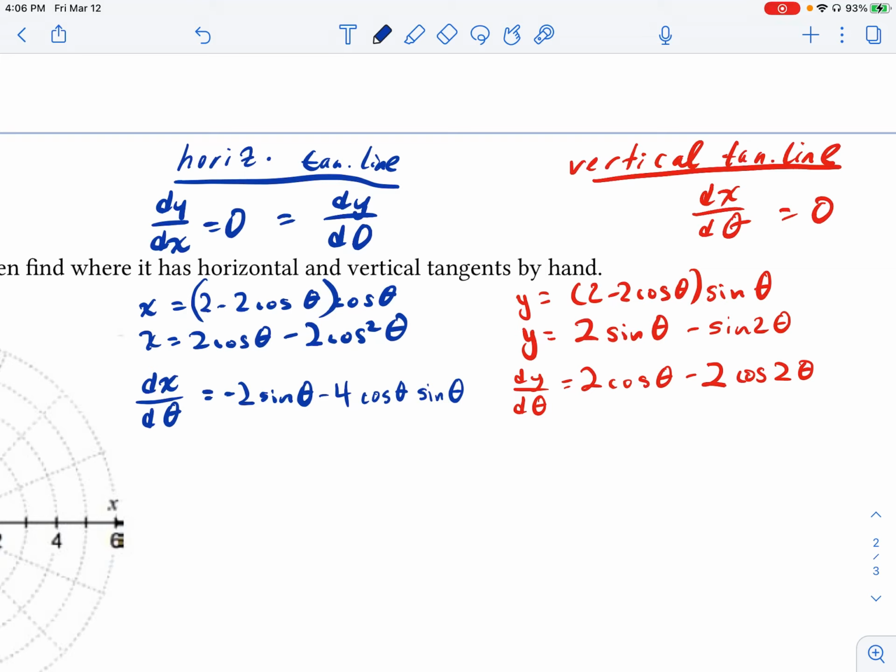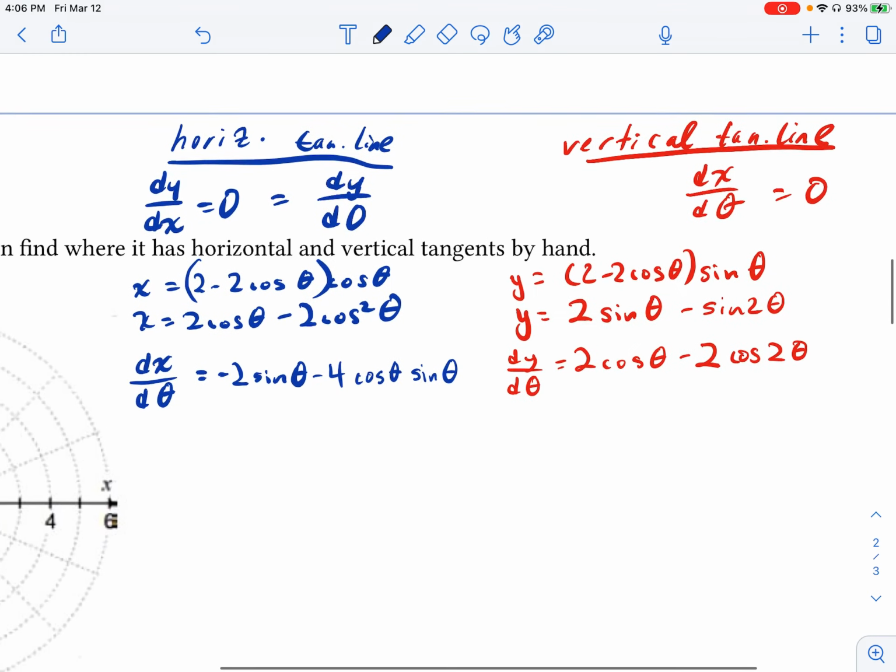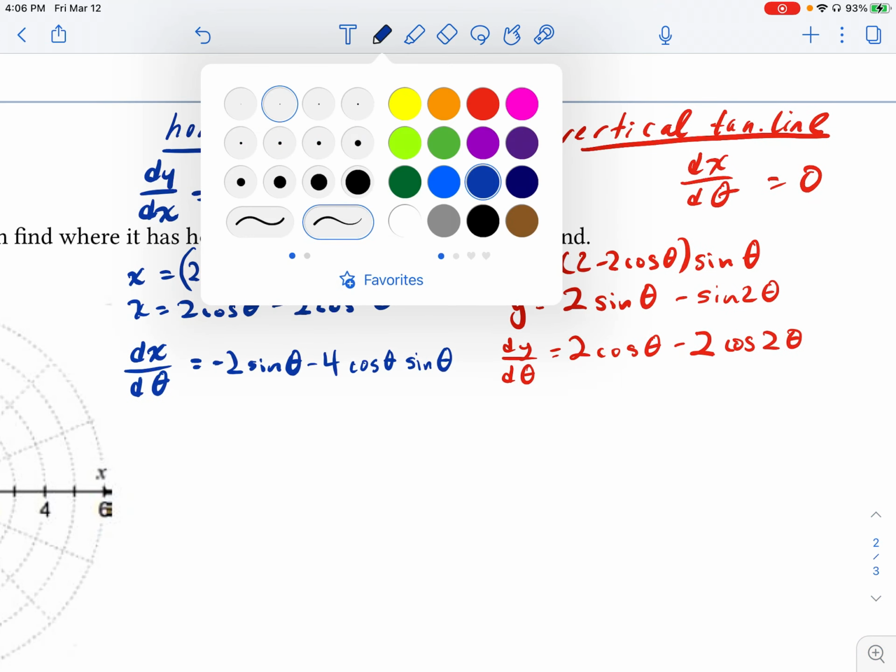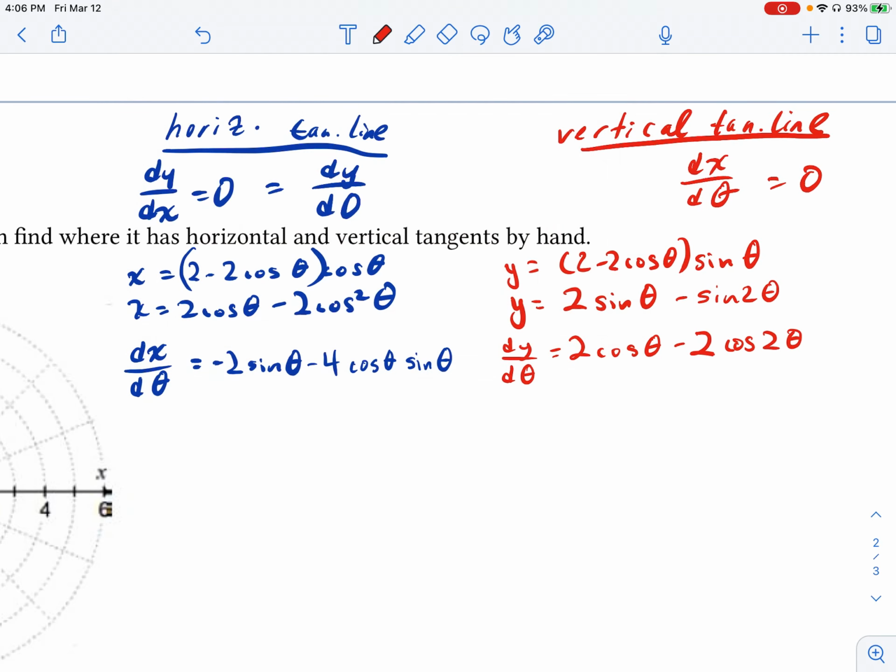Let's start with finding our vertical tangent line. For as much as I've fixed all this, I realize my colors are still messed up.